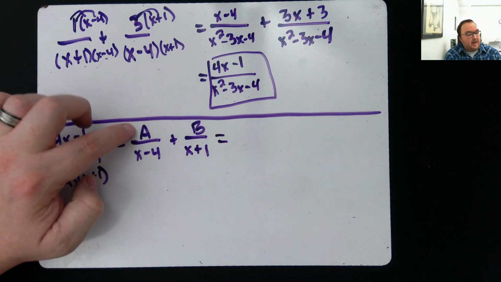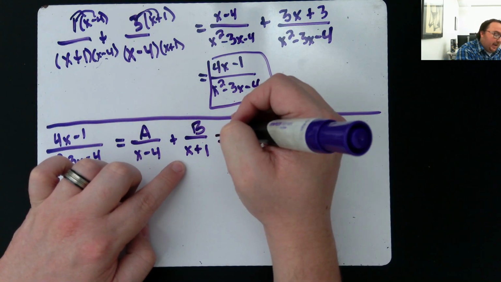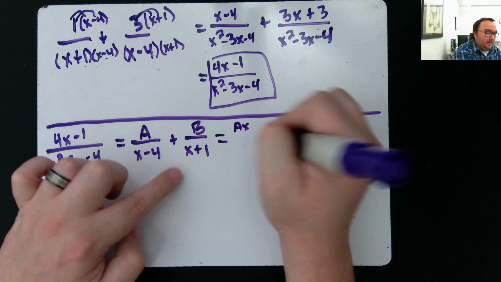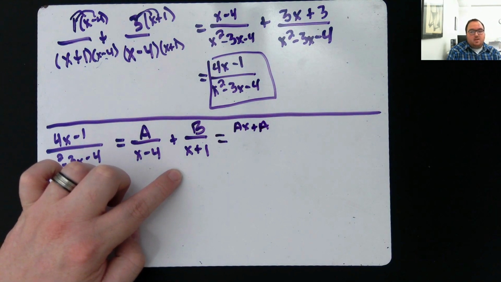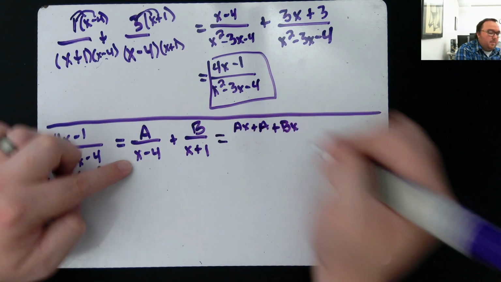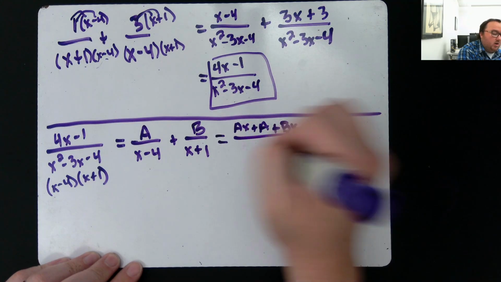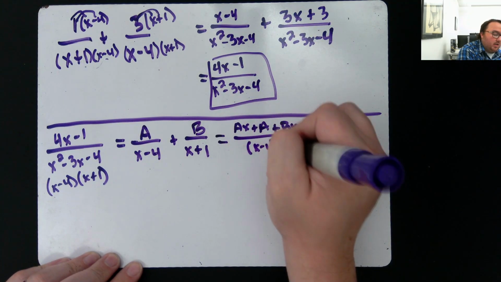So I would do a times x plus 1. A times x is ax. A times 1 is a. And then plus b times x is bx. B times the minus 4 is minus 4b. And that's going to be over x minus 4, x plus 1.